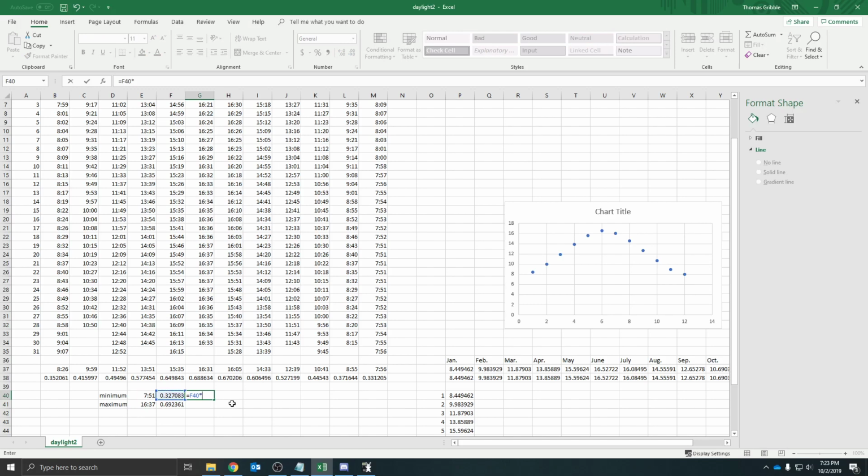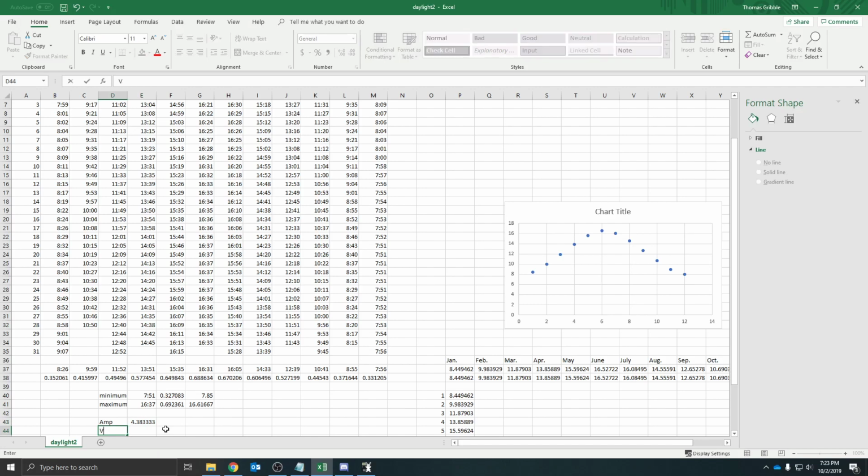So this times 24, and this times 24. If we want to know what the amplitude is, it will be the maximum minus the minimum divided by 2, and that's what we should get for our A value when we actually do this in a minute.